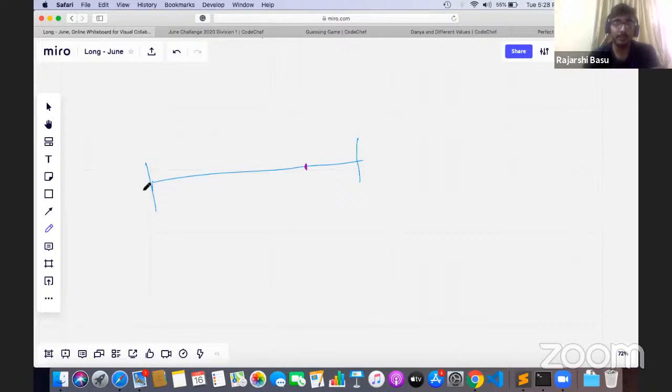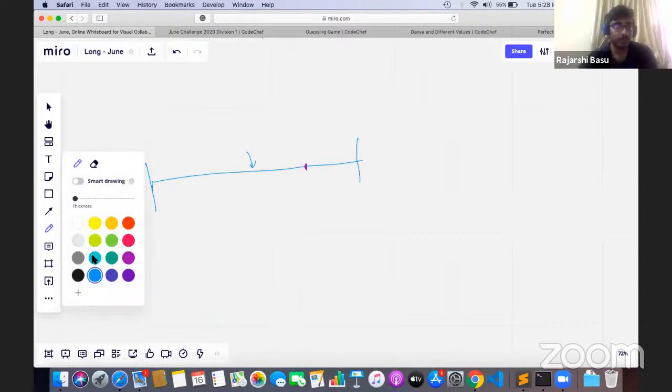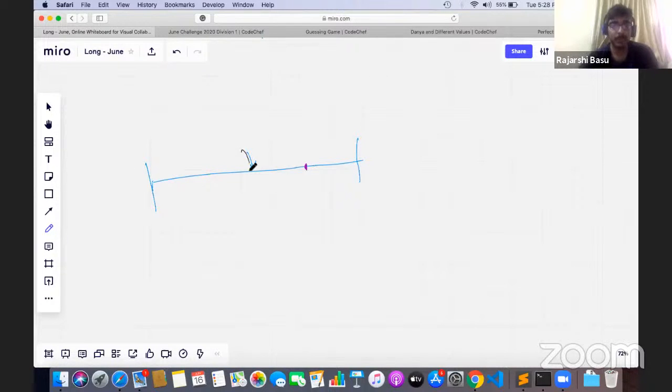There are a couple of approaches that I tried when I saw the problem. The first was, maybe we can query at the middle point, break it into 2, and then somehow find whether this is true or false. But this is very hard to do, because you definitely don't know which is true, which is false.